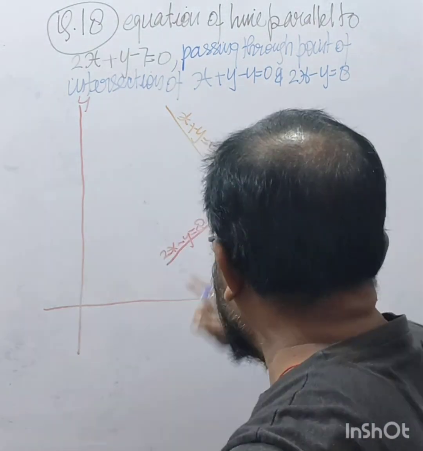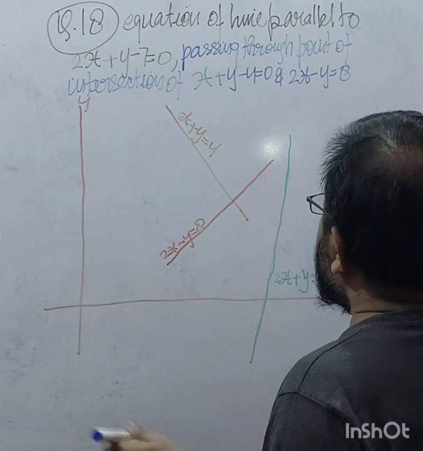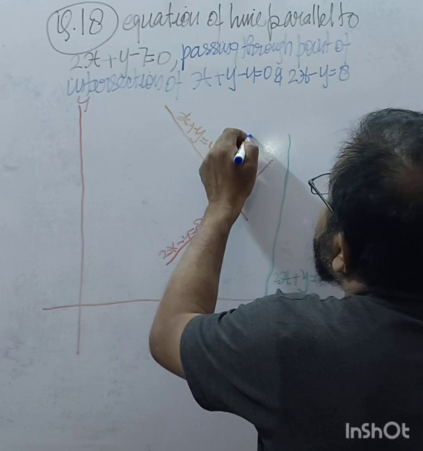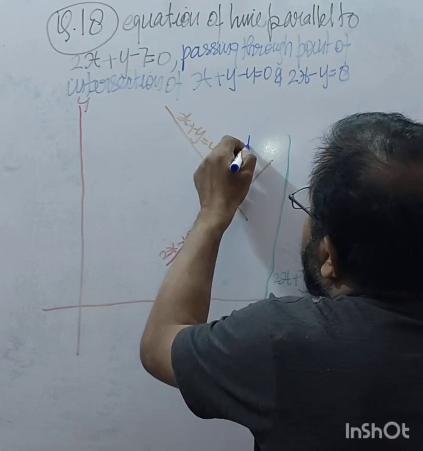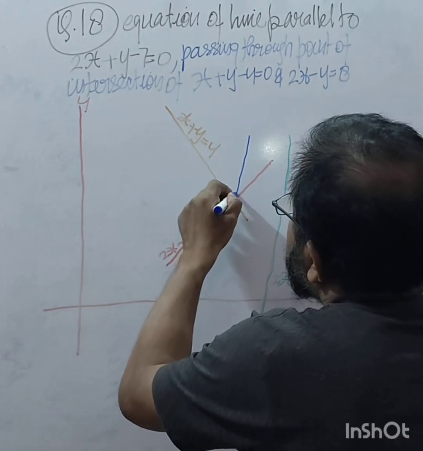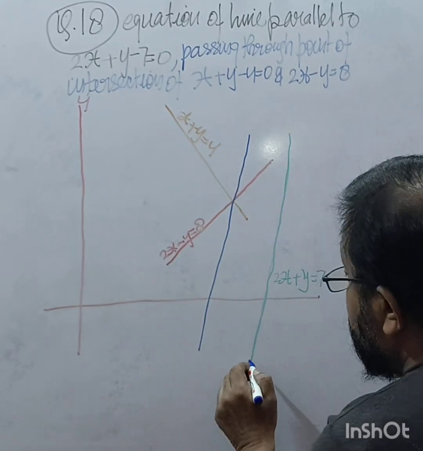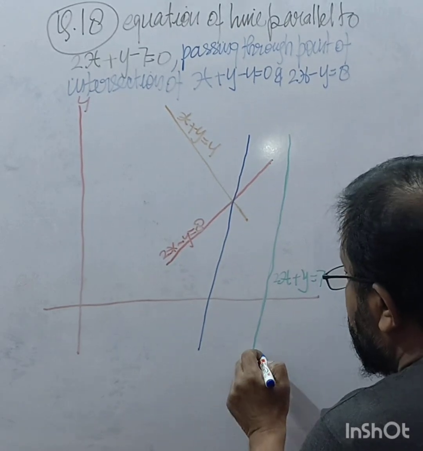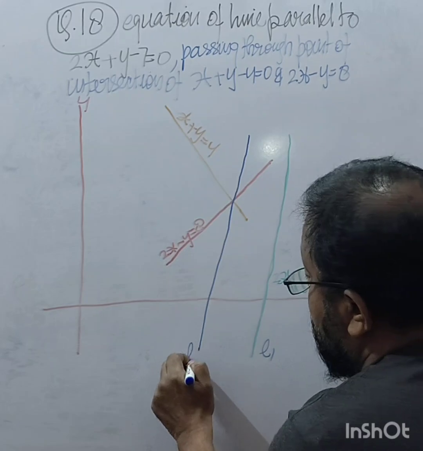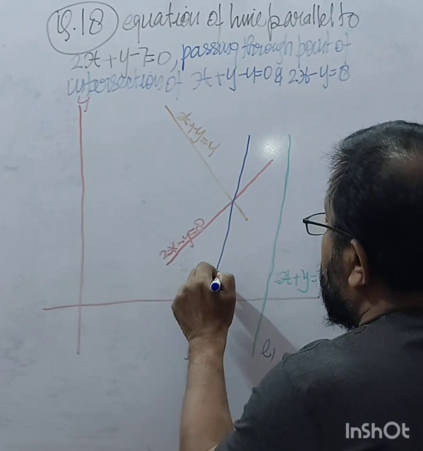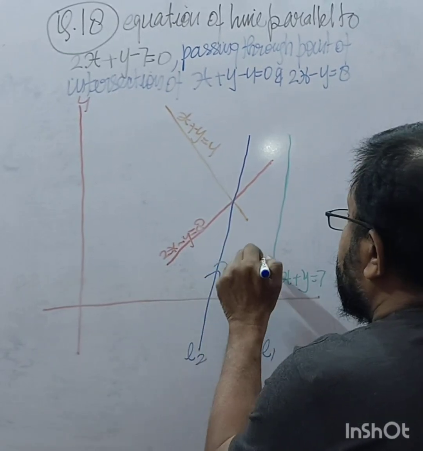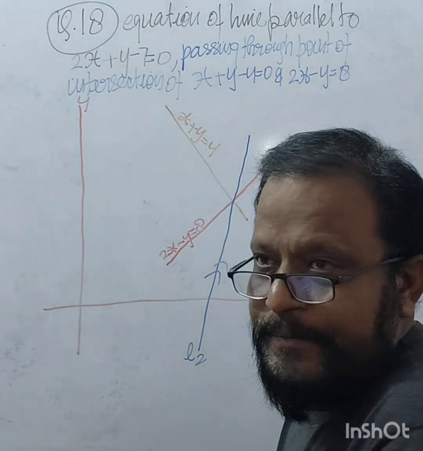So the line which is parallel to this is passing through the intersection point of all these. This is line 1, this is line 2. They are parallel to each other, right?